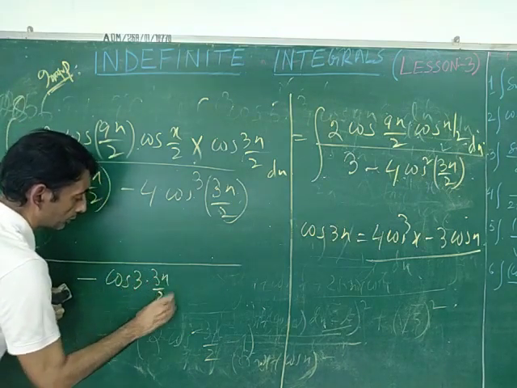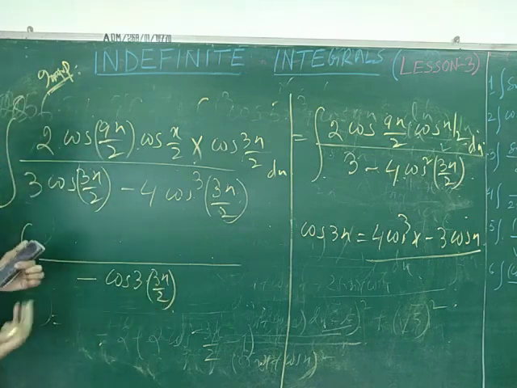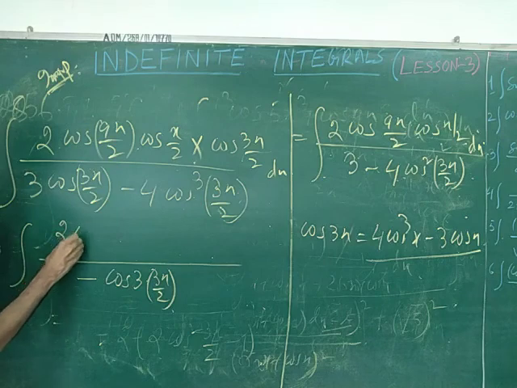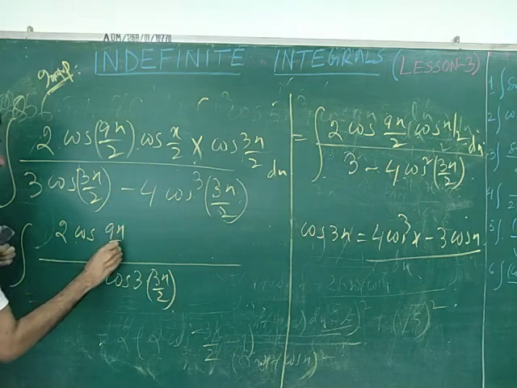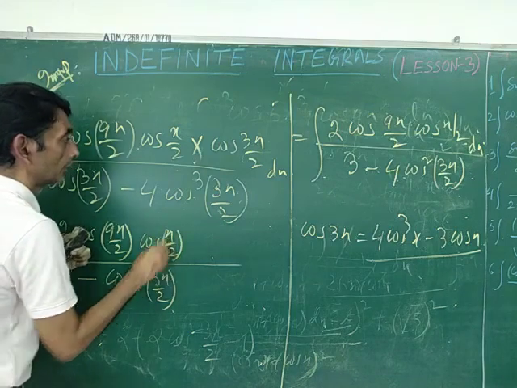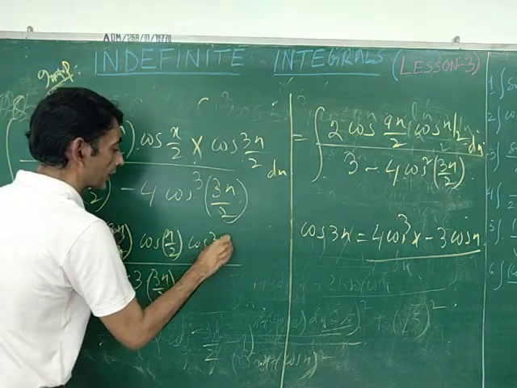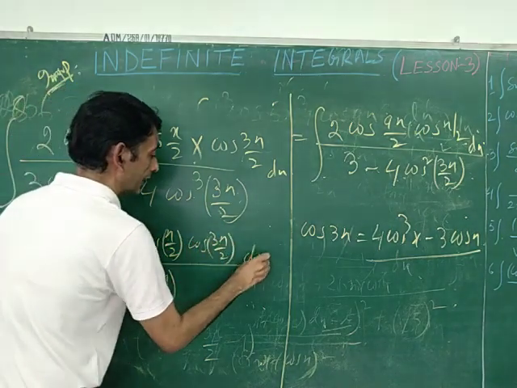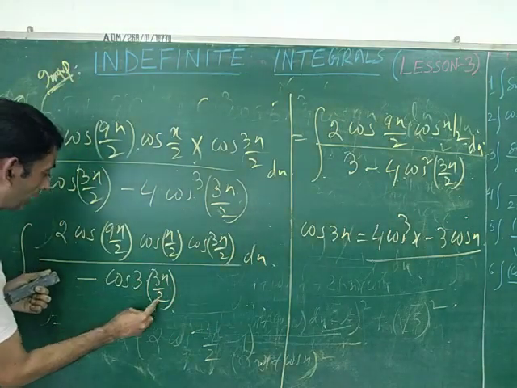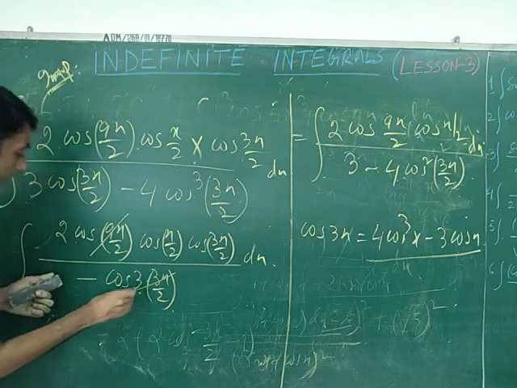So the denominator is minus cos 3x, and the numerator is 2 cos 9x by 2, cos x by 2, cos 3x by 2, dx.